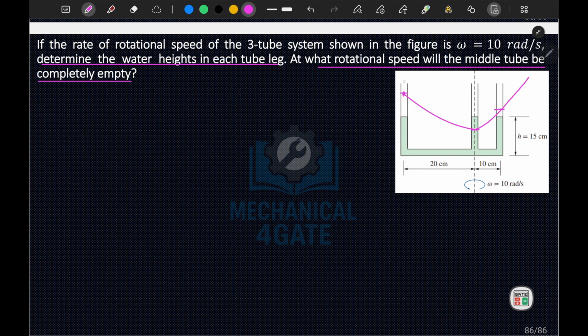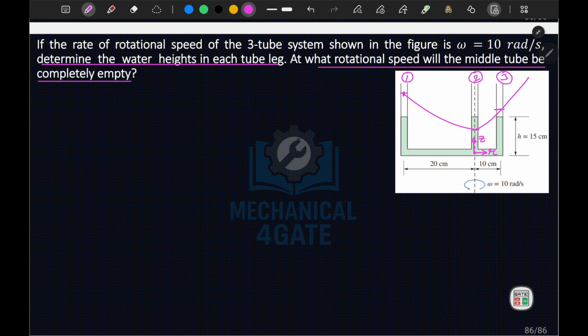Let's say this is your leg 1, leg 2 and leg 3. These three are legs, and we have to calculate the height in each tube leg. Let's say this is your origin. Here we are measuring radius, and from here we are measuring your z.